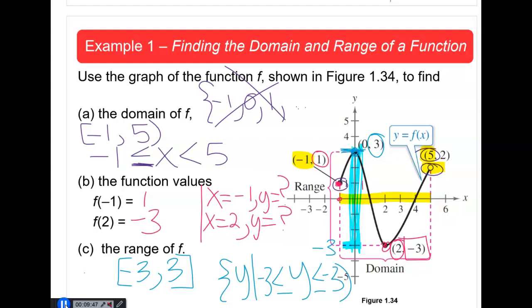And I just noticed that I made a mistake here. Instead of using parentheses, I should use the set notation. This is the way that you would write it as an inequality, and then if you want to write it as a set for the domain, it will just be with the curly bracket and then x such that, that's what the vertical line means, x is greater than or equal to -1 and is less than 5.